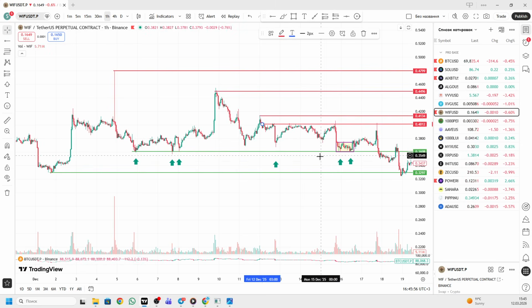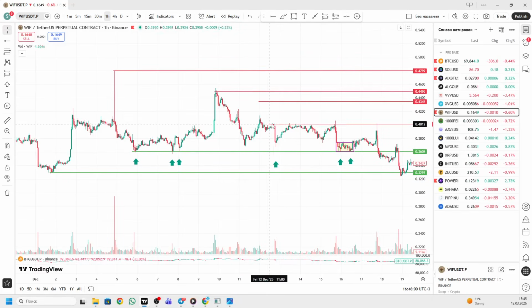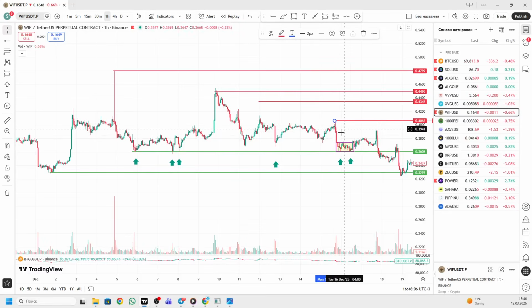If you place the level, let me show you, for example, if you place the level like this, on this candle, on this wick, what happens? You end up with only one or two touches, you see? That means fewer trading opportunities.